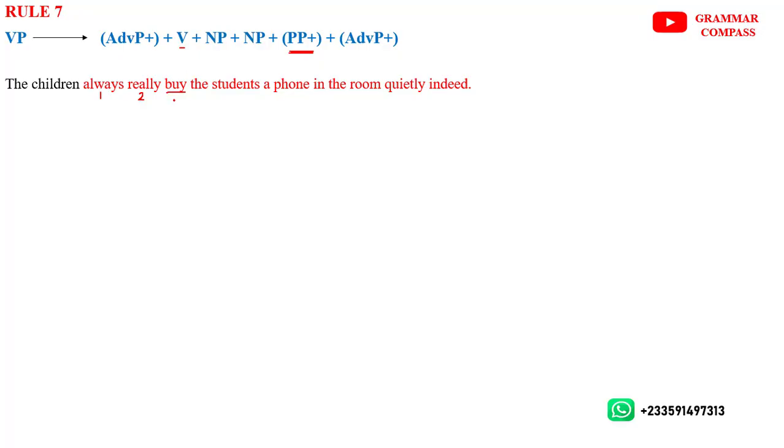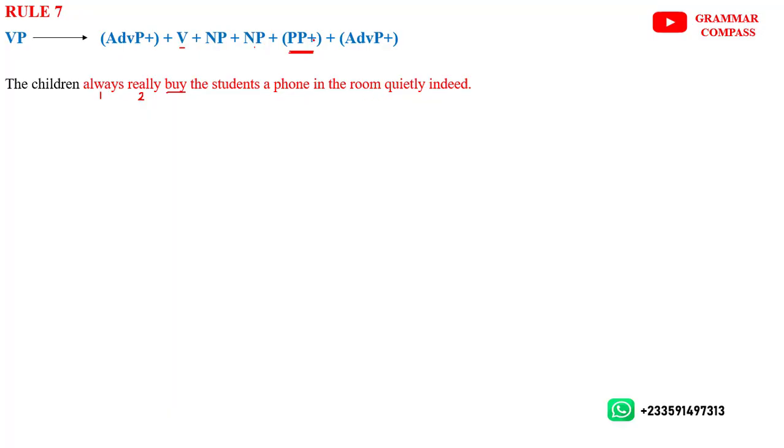Since buy over here is serving as a ditransitive verb, it means it is going to have two nouns after it, a direct object and an indirect object. So here we have our NP, that is the students, and then we have a phone, our direct object, which is also another NP. Let us move on to the prepositional phrase in this particular structure. Can you identify the prepositional phrase?